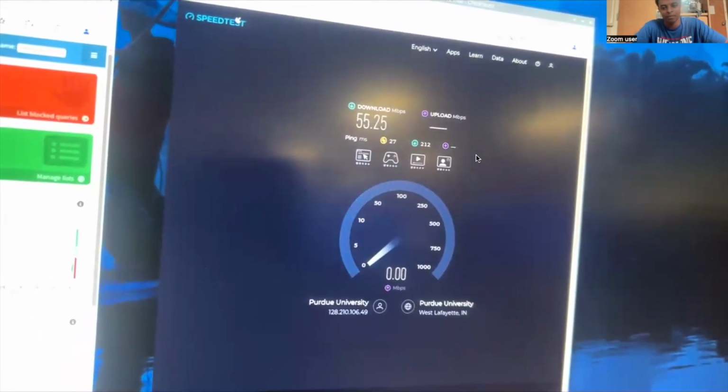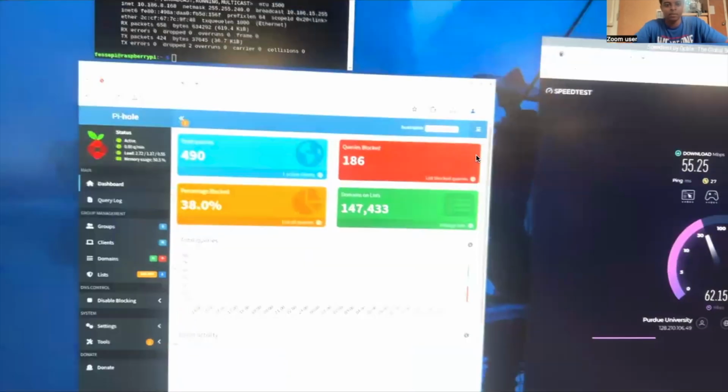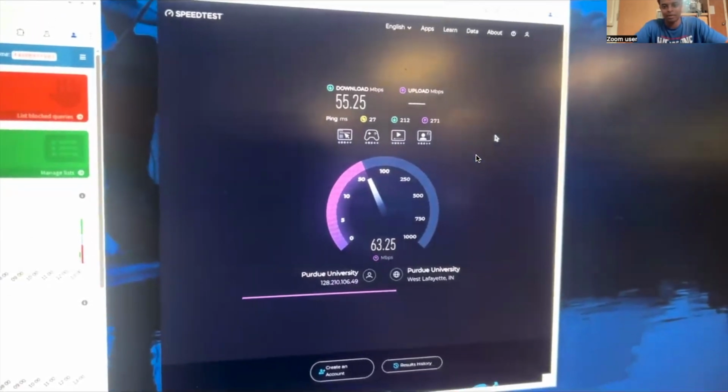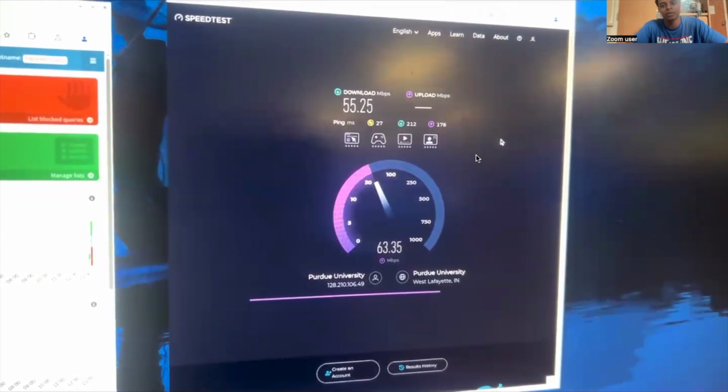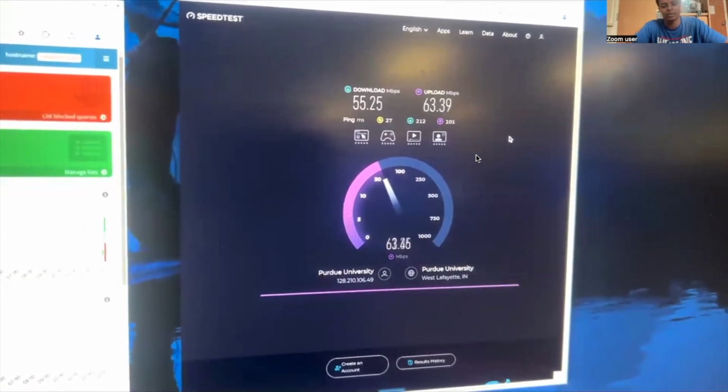That 55, that's where it peaked. Everything is looking good so far. It's downloading and it's uploading the information necessary to track.